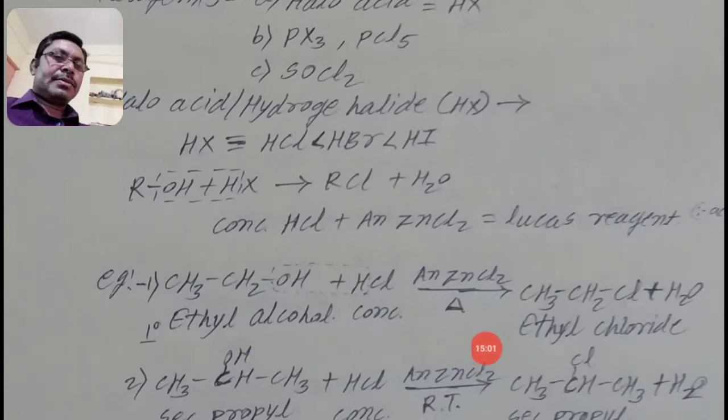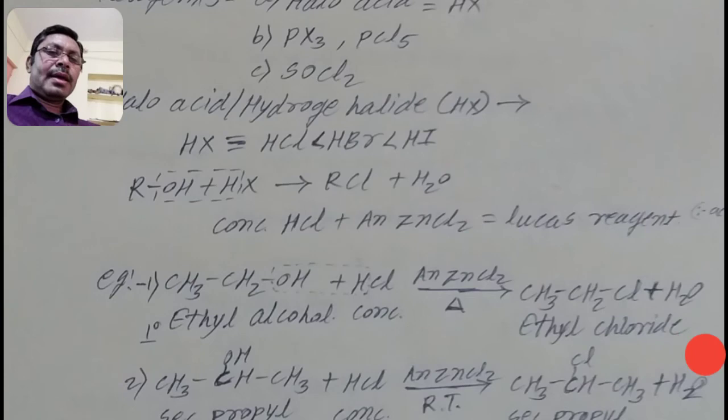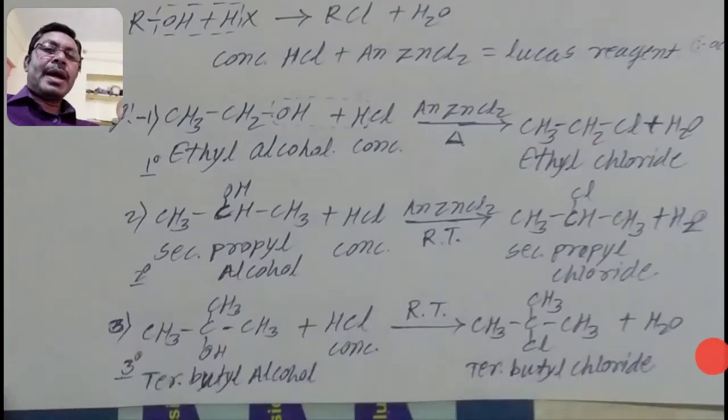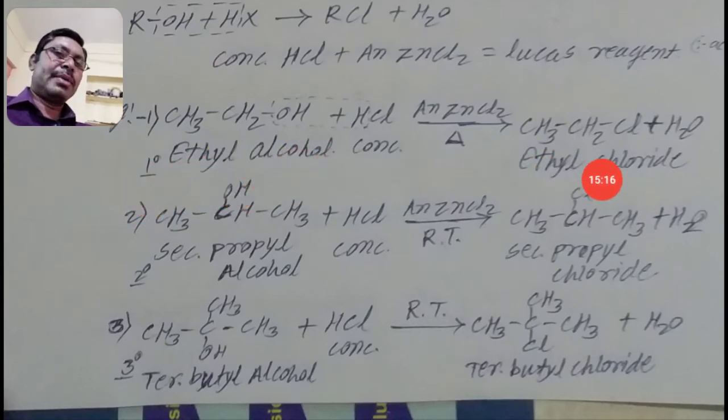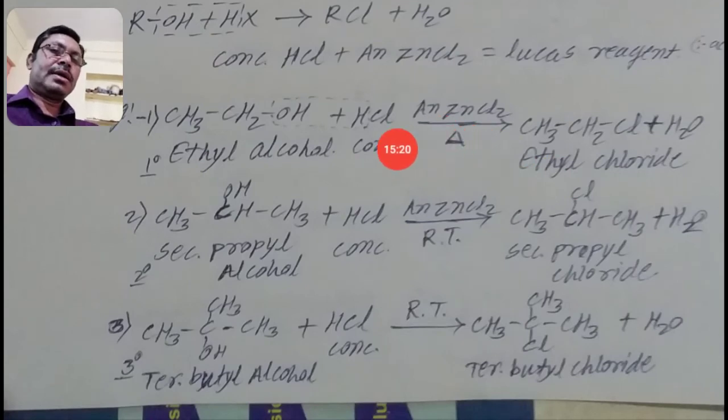That means we get ethyl chloride. It is an example of a primary alkyl halide. See here, it is a primary alcohol. The first example is a primary alcohol. We need anhydrous zinc chloride and heat to proceed with that reaction.